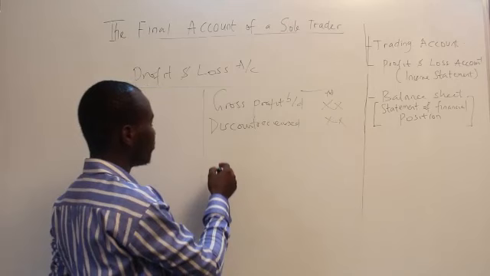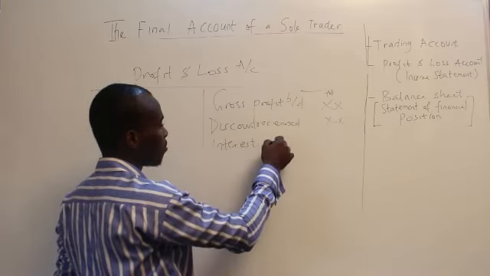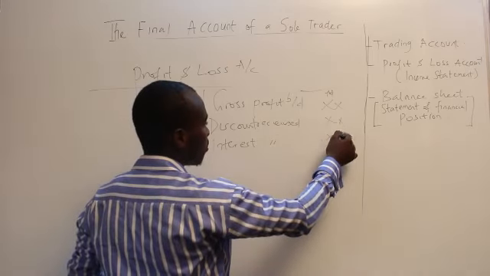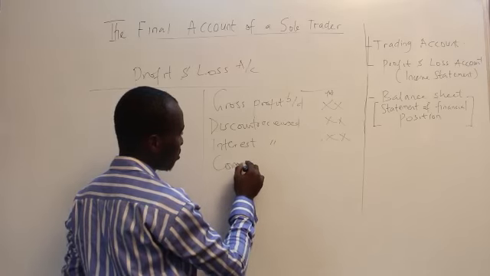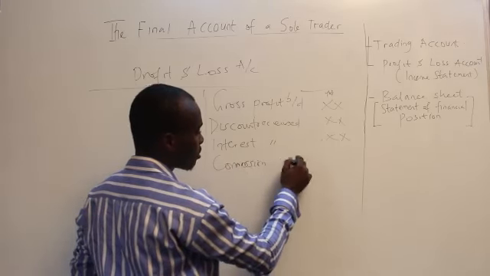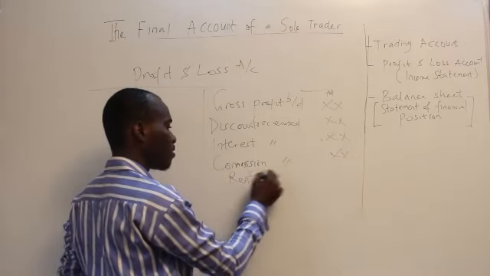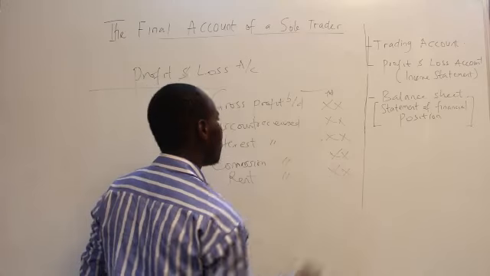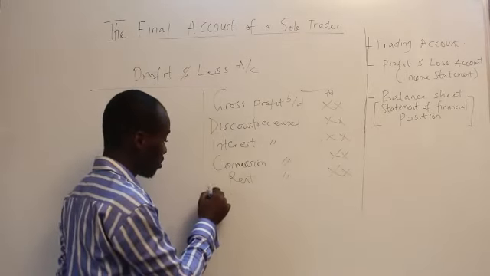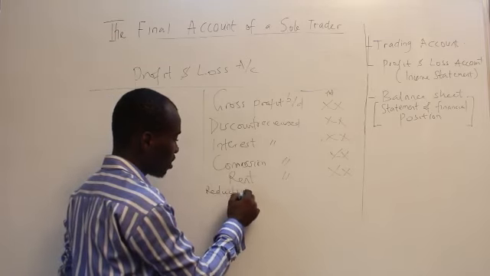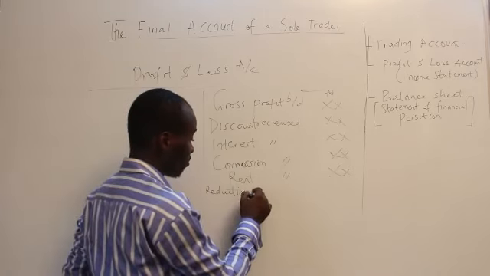So we're going to have interest received, commission can also be received in the period. It's possible. You can also have the rent received in the period. That is part of our income. Thereafter, we can have reduction in provision for bad debt, which we did under the provision and reserves. So that's about our income within the period.